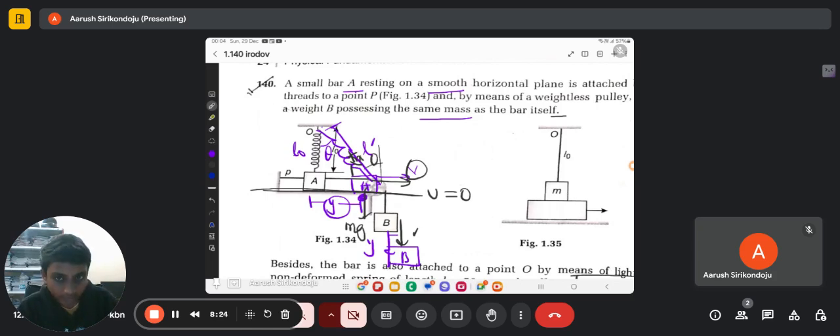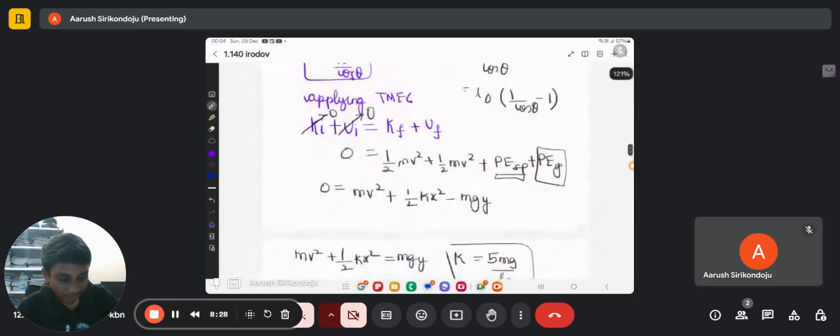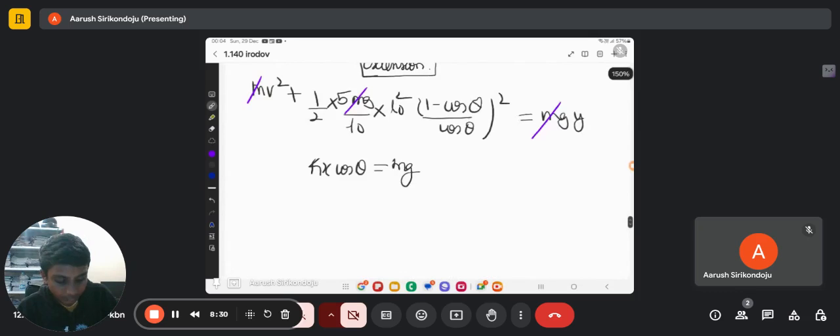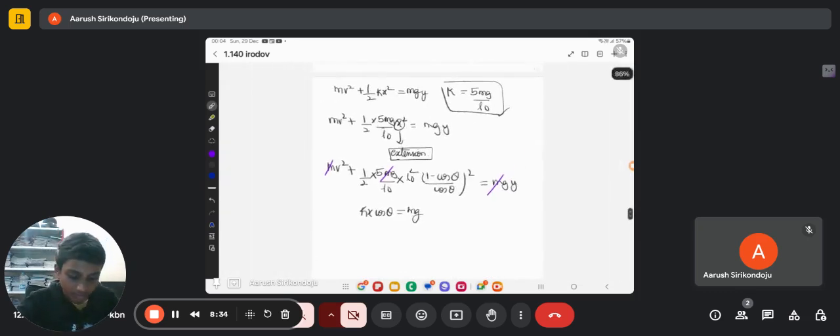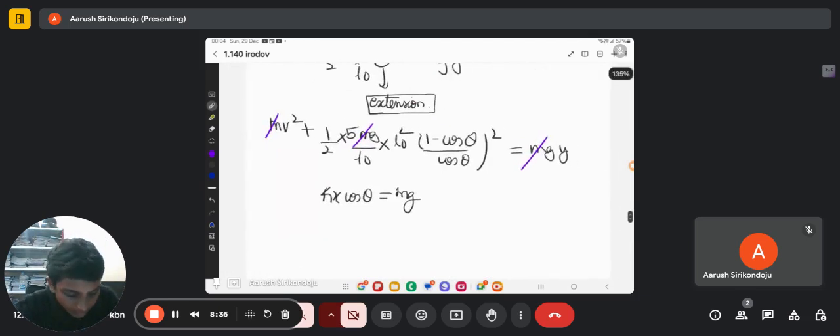This angle is theta. So taking the components like this, we get kx cos theta equals mg, right? And we know the values of k and x, so let's basically substitute. We get 5 mg upon L naught into L naught into 1 by cos theta minus 1 into cos theta equals mg, right?